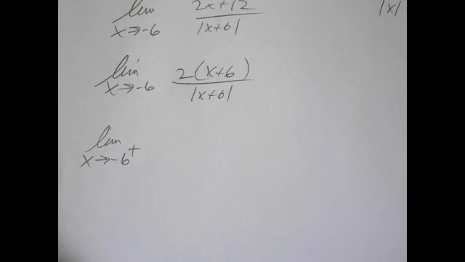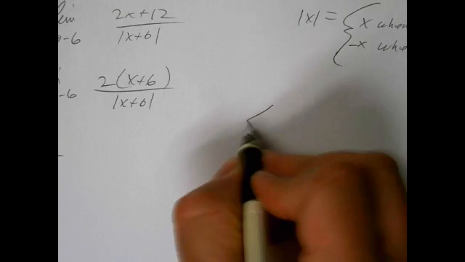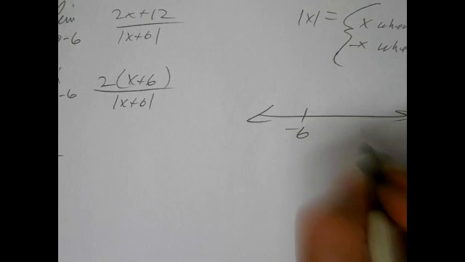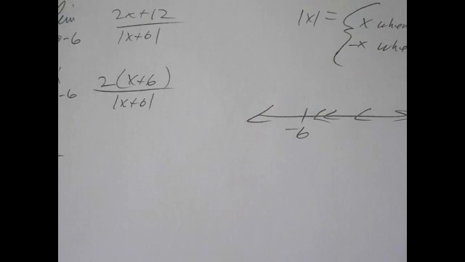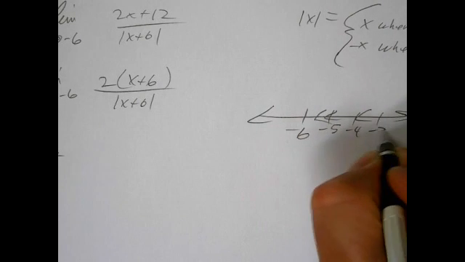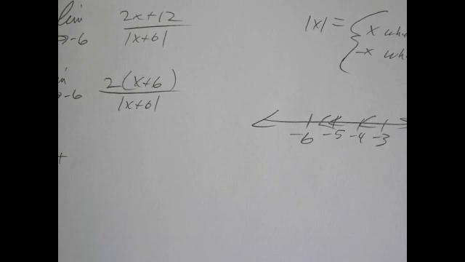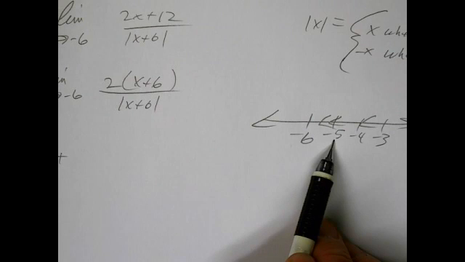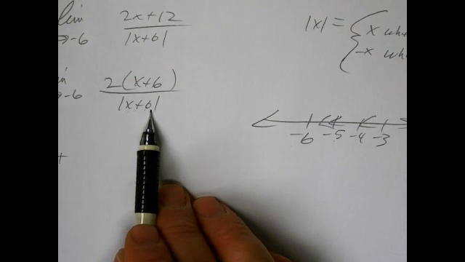Let's see what happens when we approach -6 from the right-hand side. Let me draw a picture here. -6 is here. We're coming in from this direction, from -5 and -4 and -3, et cetera. What you discover is that when you're coming in from the right-hand side, x plus 6 is positive.